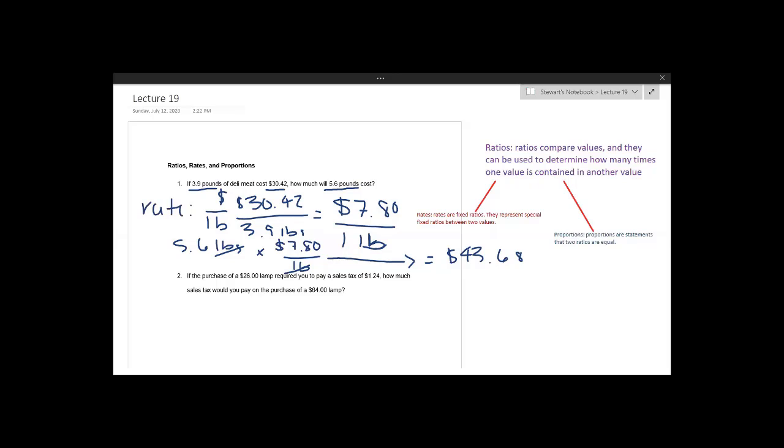If we know 3.9 pounds cost $30.42, we know that 1 pound of said deli meat costs $7.80, or we pay $7.80 per pound. So it would stand to reason that if you're buying 5.6 pounds, you just have to multiply, because we know the rate per pound, which would give us $43.68. So that'd be your grand total.